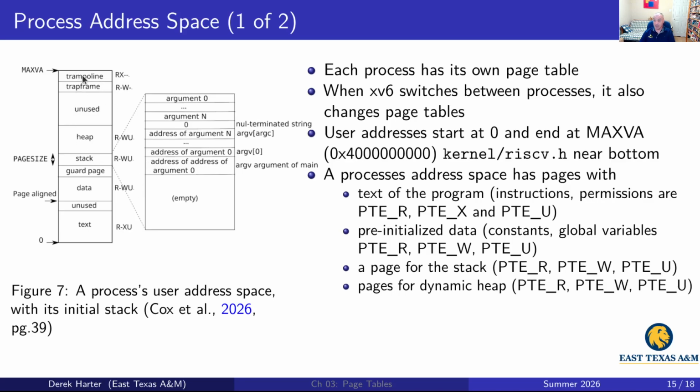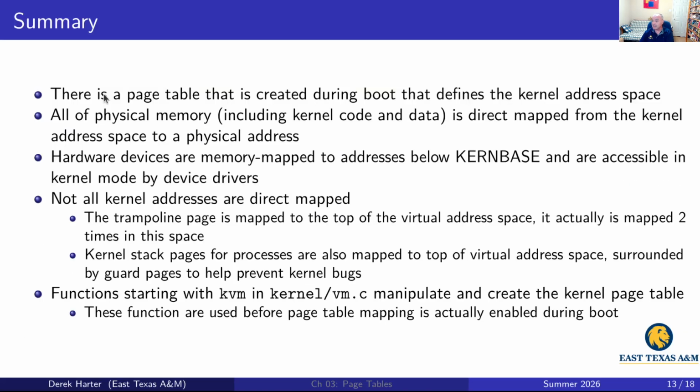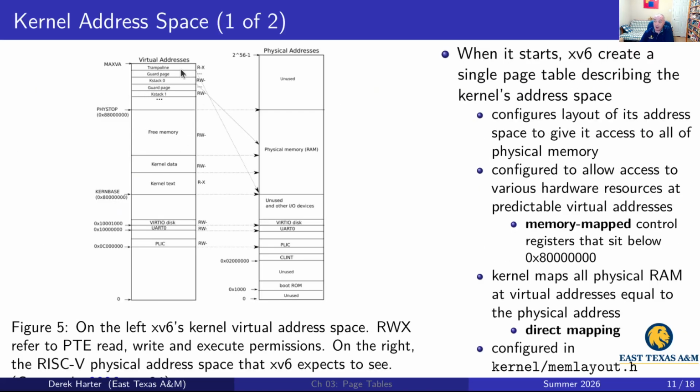Another thing to remember when we're looking at the code is that there's actually only one trampoline page, and this actually has code in it. This is the place where the trap vector, uservec, is loaded, which does the initial save of the state. Every process maps to the same trampoline page, and the kernel space also maps the same trampoline page at the same address.